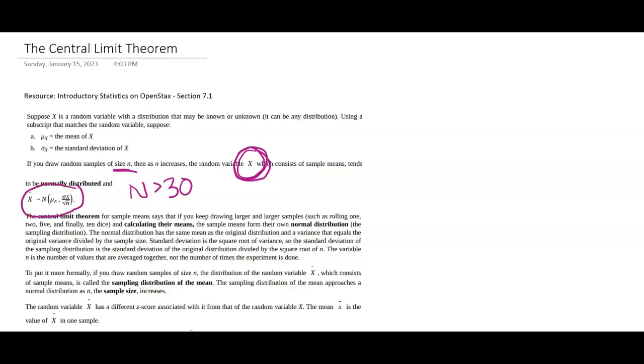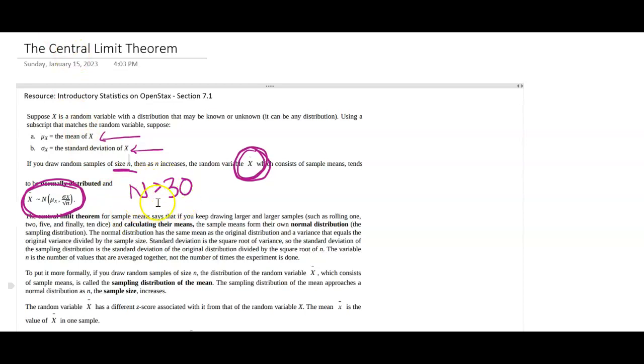the distribution of the sample means will be normally distributed with a mean the same as the population mean and a standard deviation that is smaller than the population standard deviation by a factor of the square root of n.